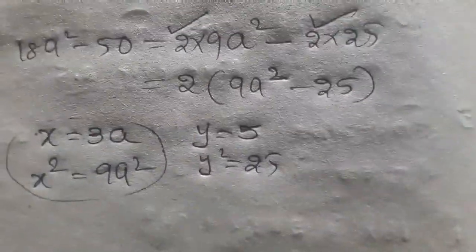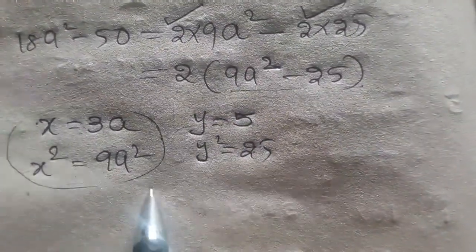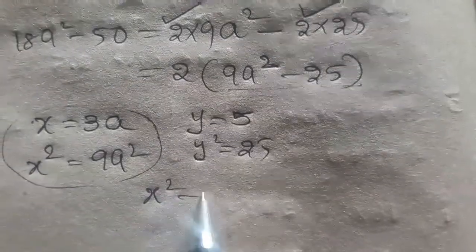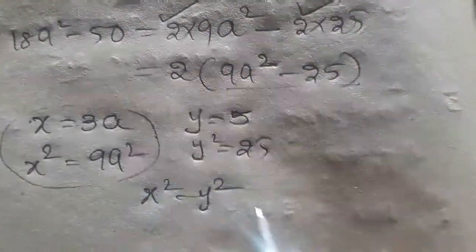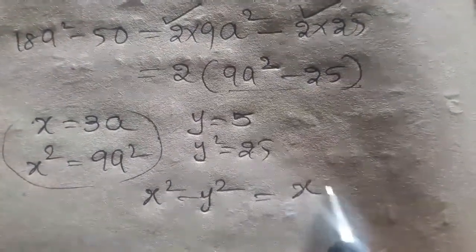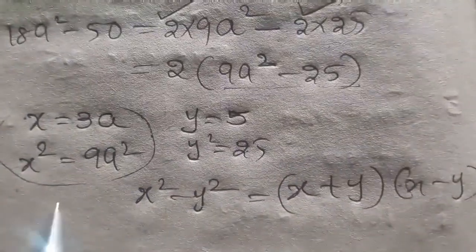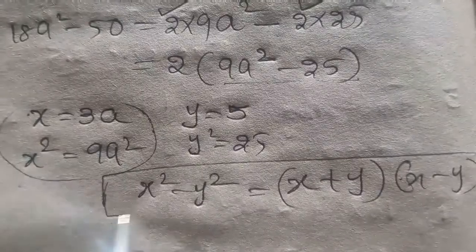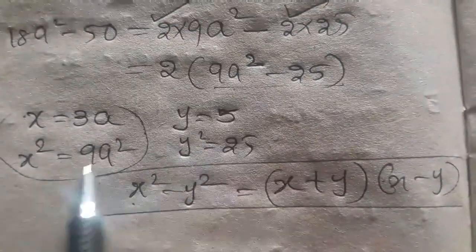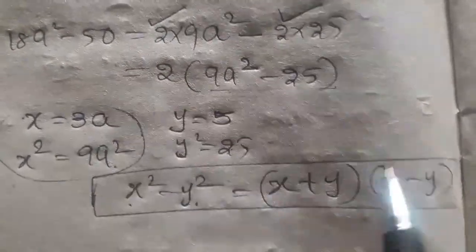Yes. So this can be in the form of x square minus y square, that is equals to x plus y into x minus y, identity is useful here. Are you understood which formula is useful here? So x square value is this one. See here, x square is equals to 9a square, y square means 25.